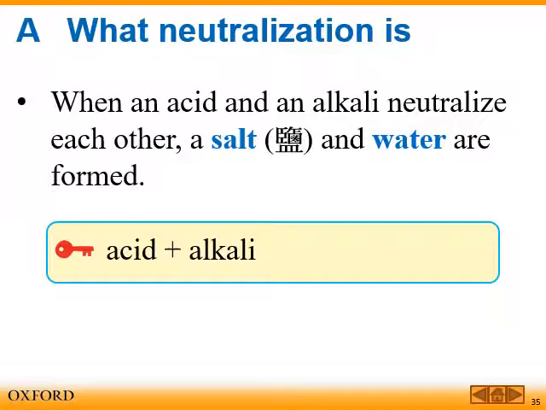So in conclusion, what is formed when an acid is mixed with an alkali? When they neutralize each other, salt and water are formed. But please be reminded that in our nature, there are many kinds of acid and many kinds of alkali.